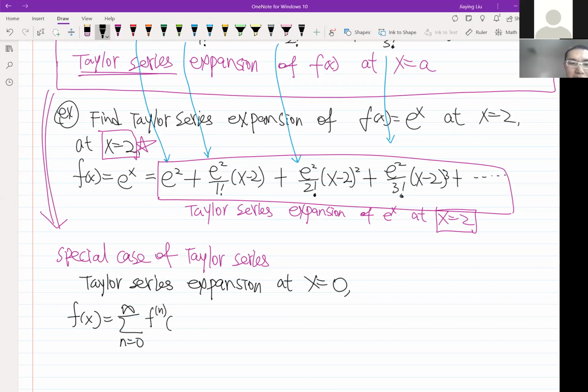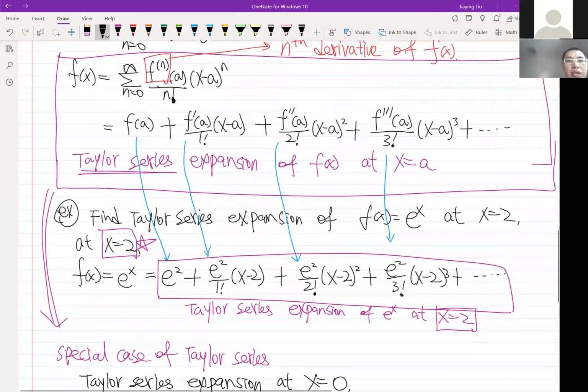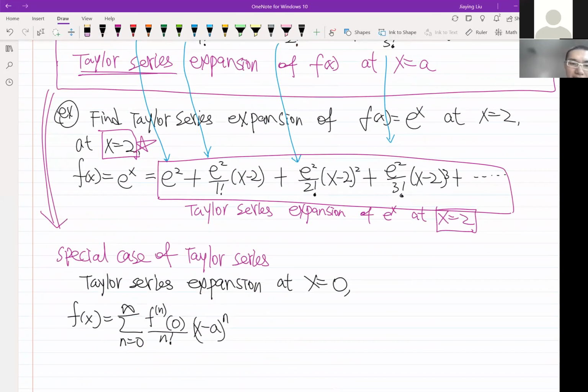It used to be a as input, but now just becomes 0 as the input. Divided by n factorial, x minus a to the n. That's what we had before. But what is a? a is 0, so x minus 0 to the n. When you subtract 0, you don't subtract anything, it just becomes x to the n. So that's the special case.